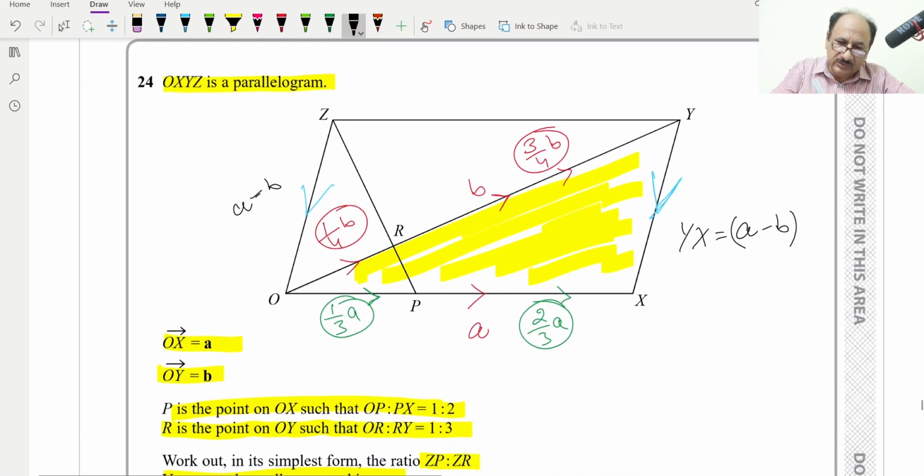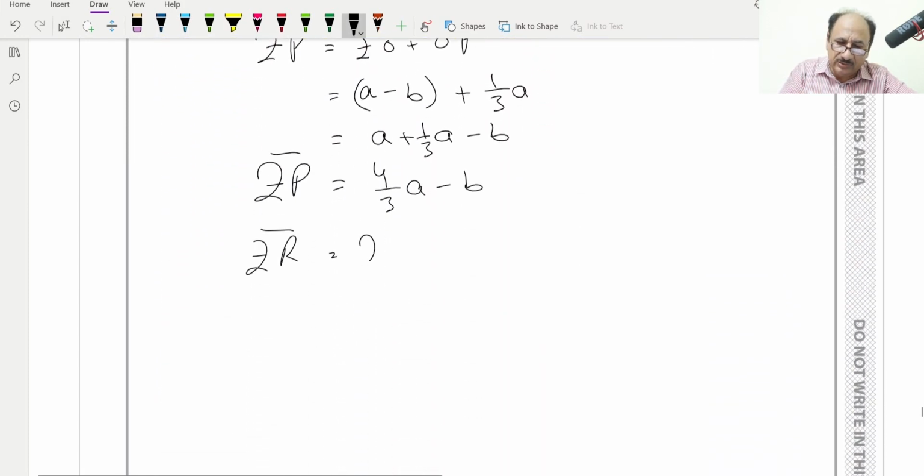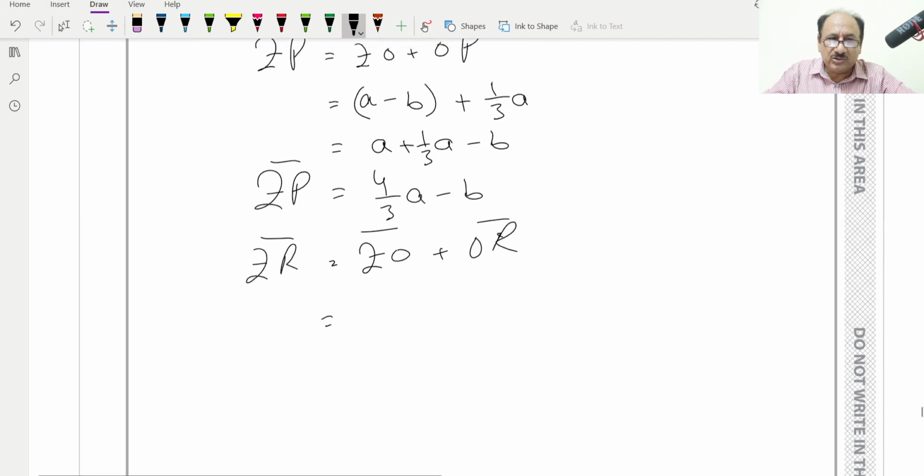ZR is this line, this one. So we can take this route ZO and then OR, ZO plus OR. So we will write here ZO plus OR, and these are the vectors. ZO is what?